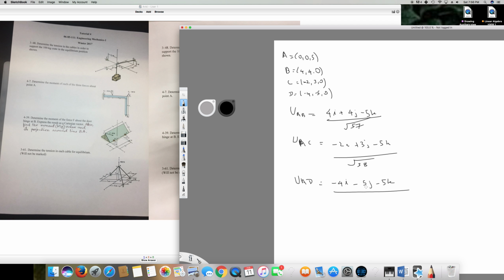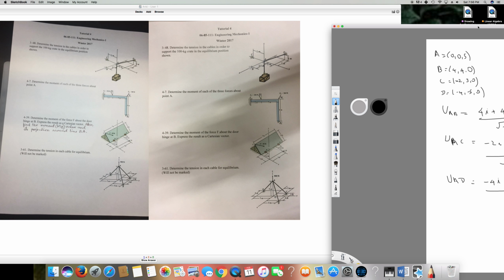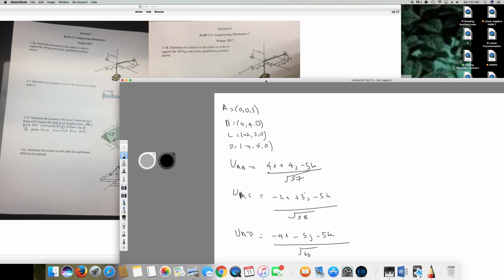Negative 4 squared is 16, negative 5 squared is 25, 25 plus 16 is 41, 41 plus 25 is 66. So it's over the square root of 66.